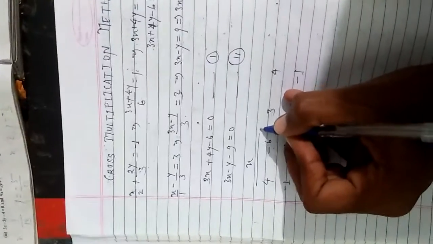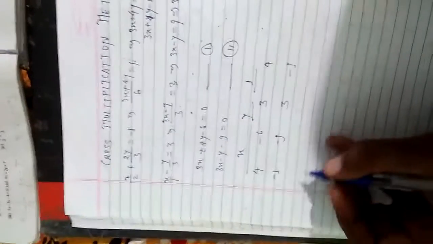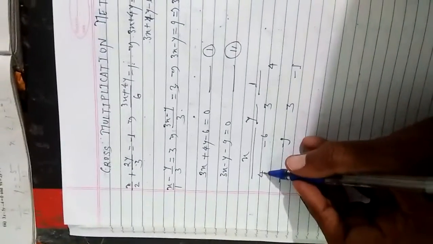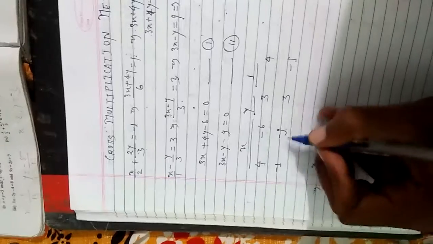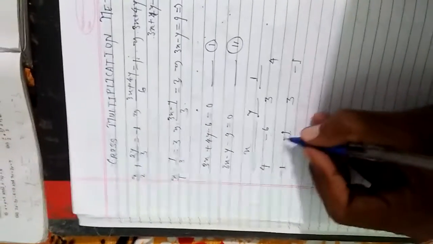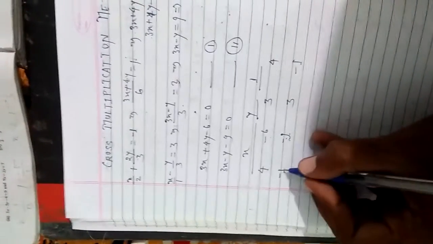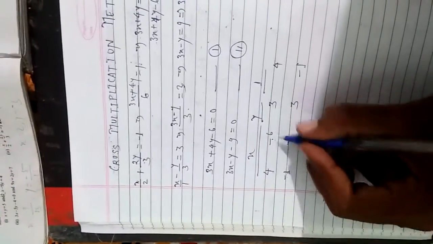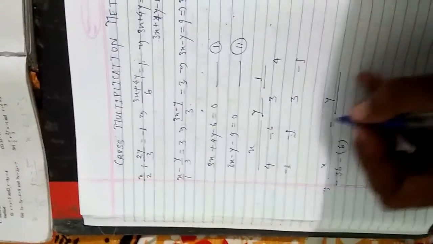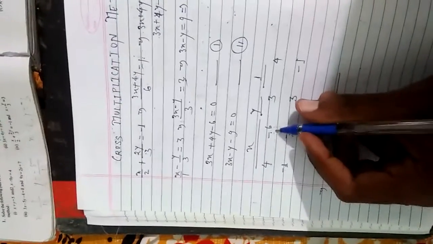x, here y, and here 1. So now x cross multiplication: 4 nines are 36, minus 36. Minus is also here now. And this is minus 1 into minus, plus, and 6 ones are 6. Okay, y divided by 6 threes are 18, and this is minus also.